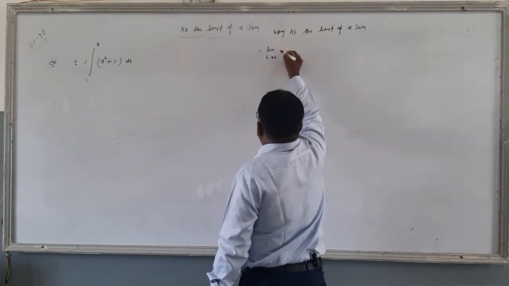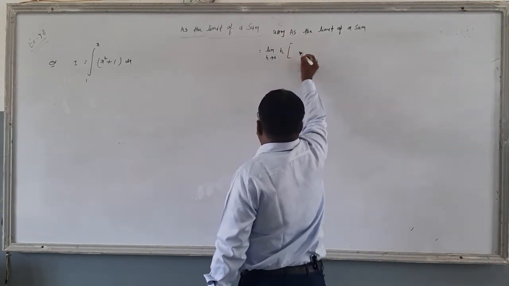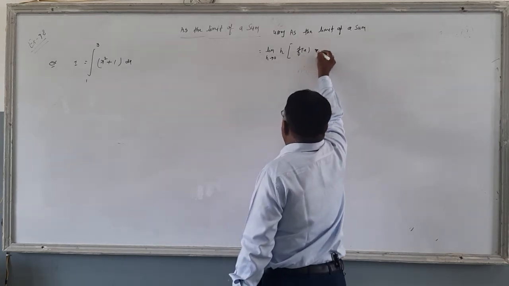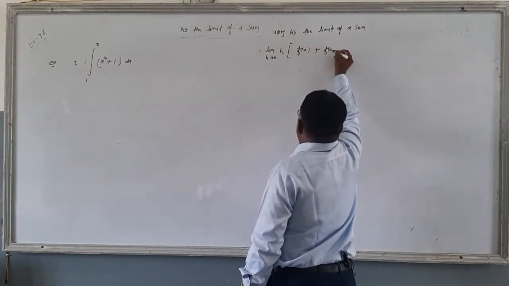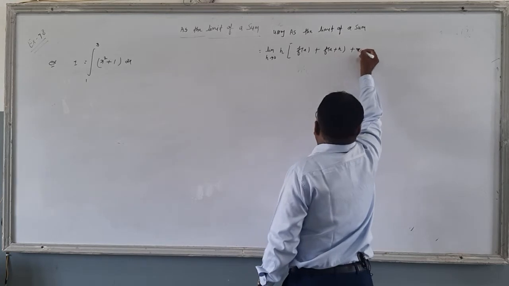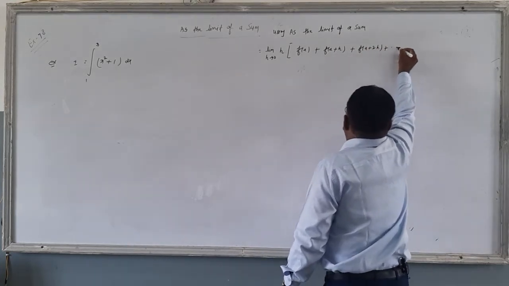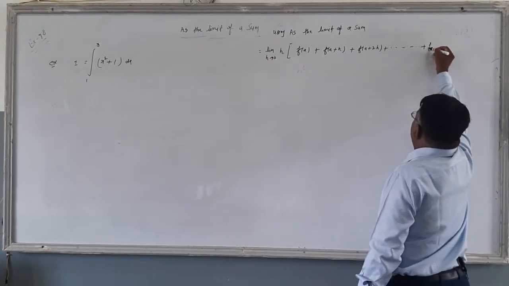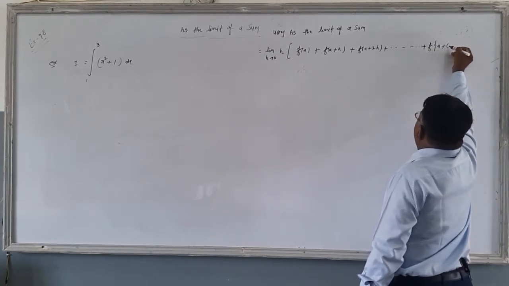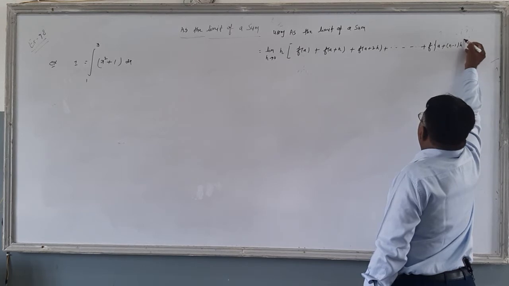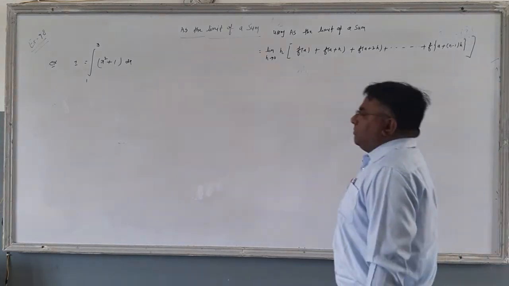Limit h tends to 0, h into f of a plus f of a plus h plus f of a plus 2h and so on, the last term being f of a plus n minus 1 into h. This is the formula of as the limit of sum.